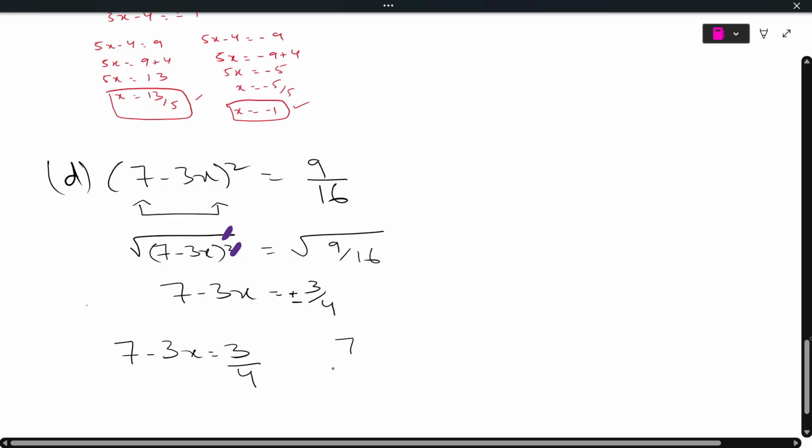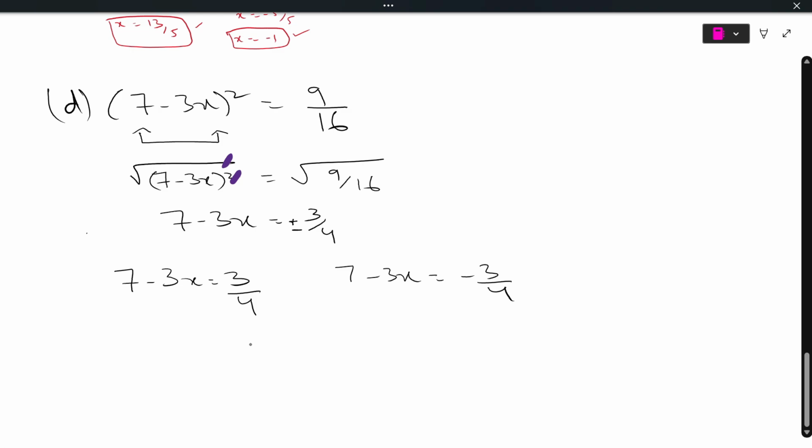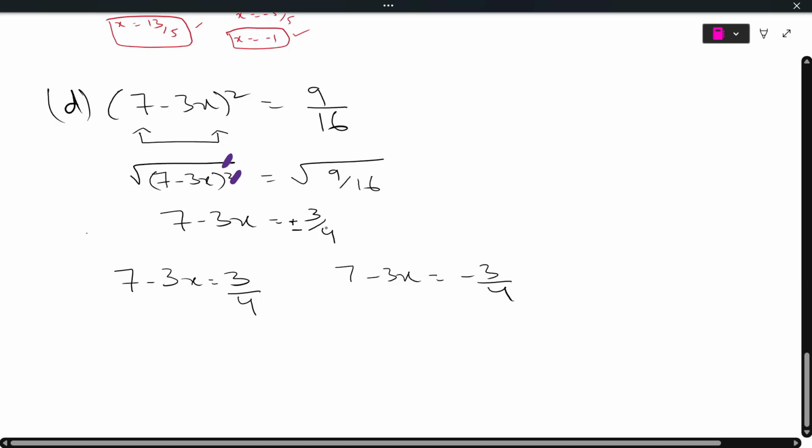That's my first equation, and my second equation is 7 minus 3x is equal to minus 3 over 4. You can see that first I took a positive value, then a negative value. Remember, we write the positive one first and then the negative one, because whenever you remove the under root, you have one value in positive and the other in negative. You take both into account. That is how you arrange it, and after that you simply solve it.